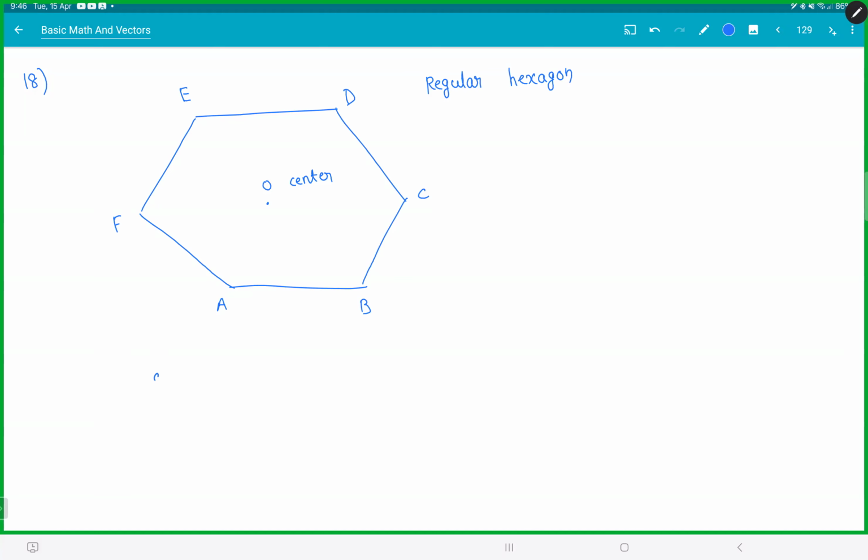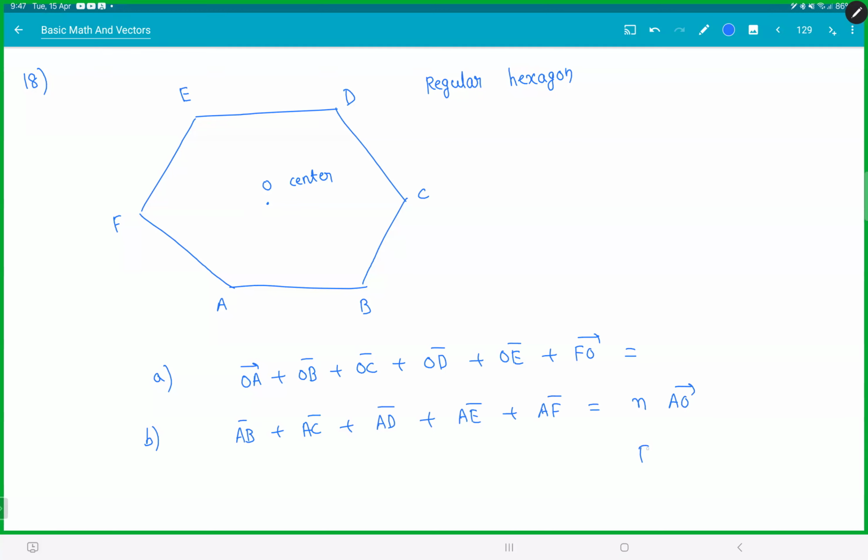The first question: OA bar, OB bar, OC bar, OD bar, OE bar, FO bar is equal to what? The second: AB bar, AC bar, AD bar, AE bar, AF bar is n times AO bar. Find n.